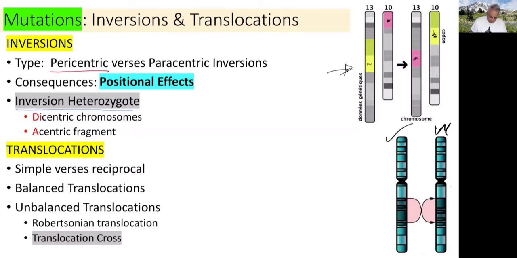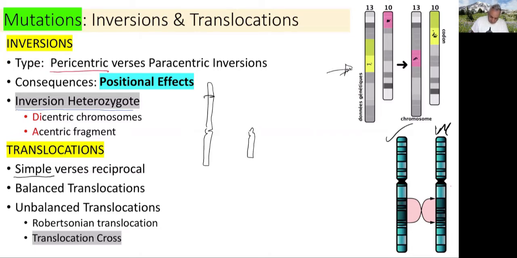So simple translocation is where one chromosome loses a segment or set of segments, and they end up being attached to another chromosome. So simple one-way migration. Pretty difficult to happen because of the telomere, but it can happen in certain rare circumstances. So let's draw that. So we have a human chromosome, say chromosome number 1, and then we have a human chromosome, say chromosome number 12.